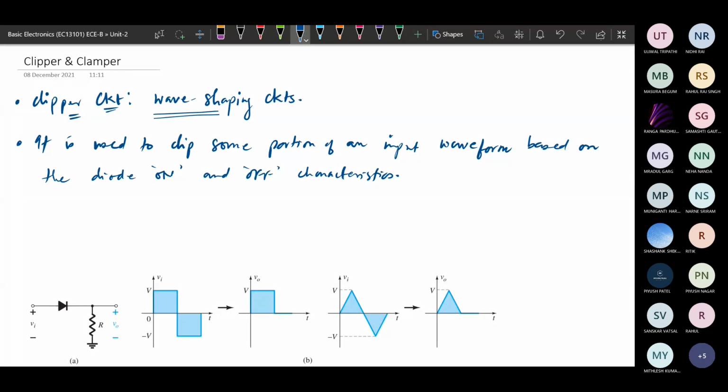So we are going to use a diode circuit to remove some part of the waveform that is given as an input.